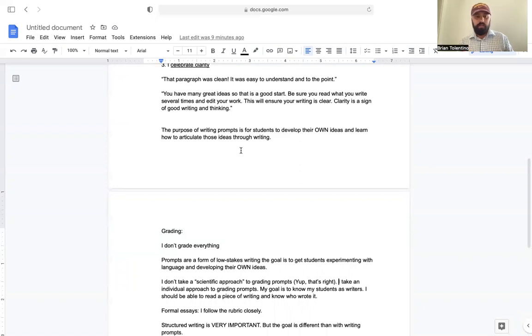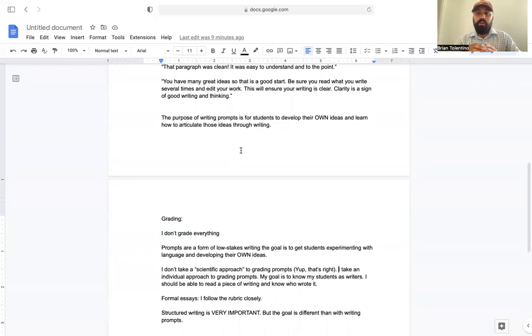The purpose is not to have this sophisticated rubric in which I have everything that's measurable or whatever. The purpose is to give students a chance to be creative, experiment, take chances, have fun with language. That's the purpose. So I don't grade this in the same way that I grade formal essays, okay? Formal essays, I'm very by the book, okay?